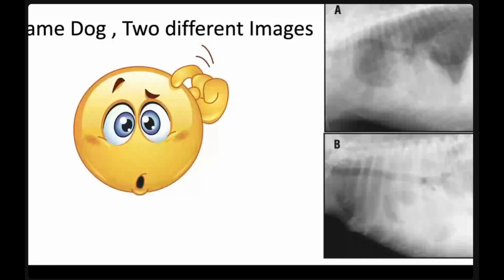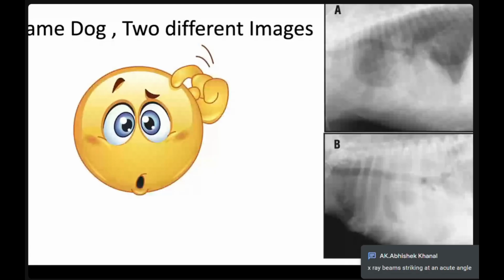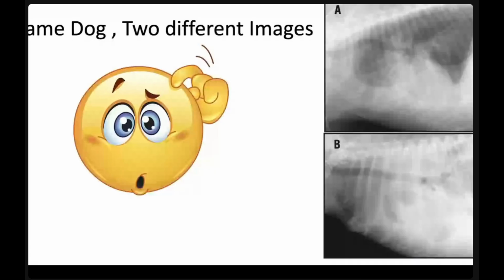It is because in X-ray A, the head of the dog is flexed, right? It is bent down, more ventral. In B, the head of the dog is extended. That is the reason why this looks different.